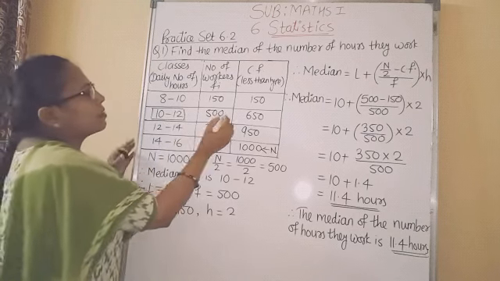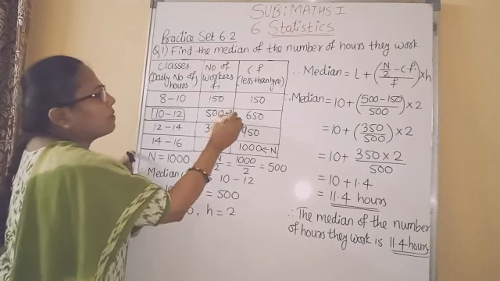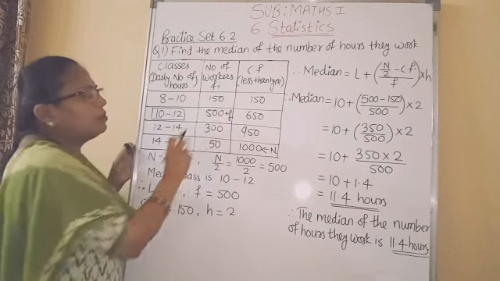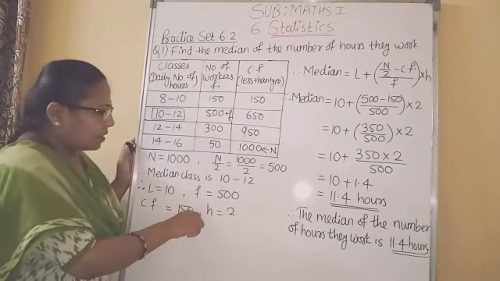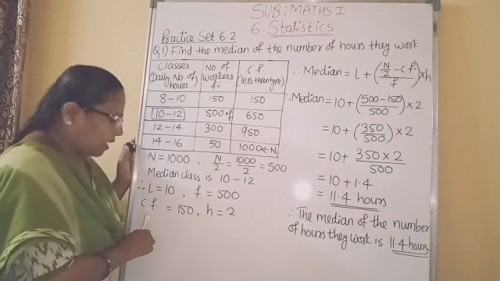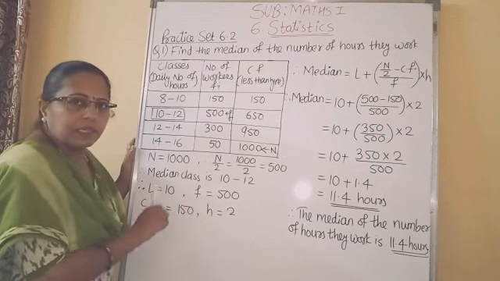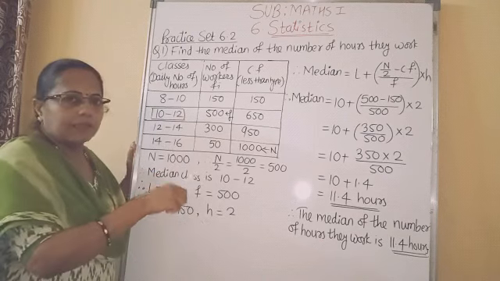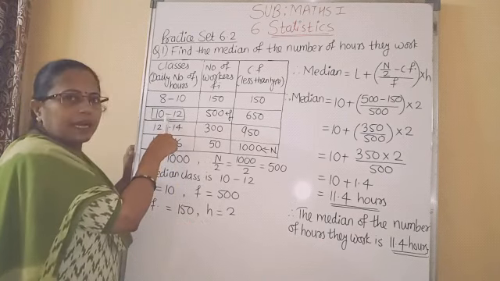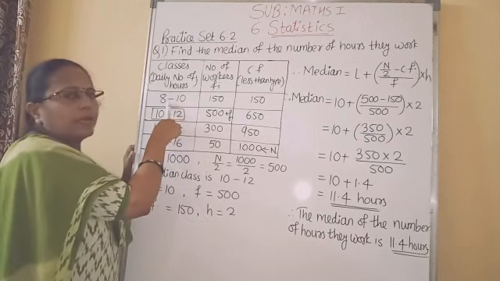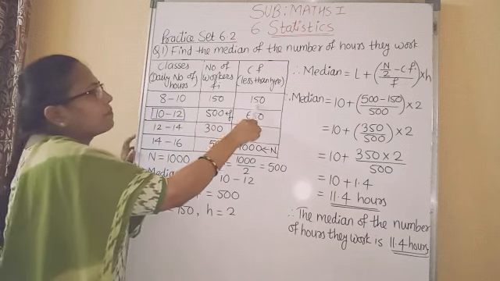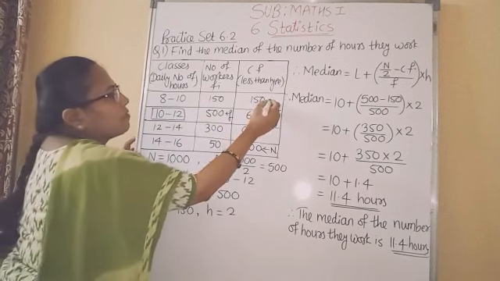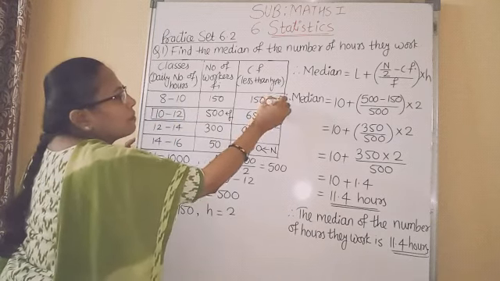The frequency of the median class is 500, so f is equal to 500. Next value is CF, the cumulative frequency of the class preceding the median class. This is the median class, so the preceding class is 8 to 10. Its CF is 150. So the value of CF is 150.